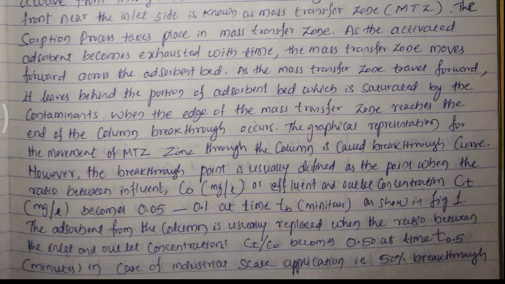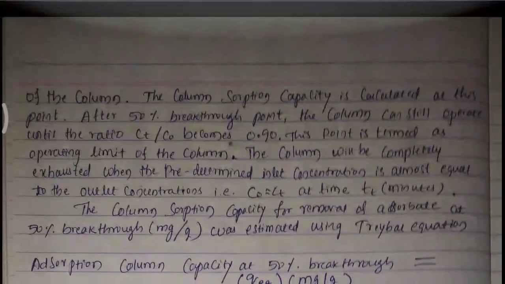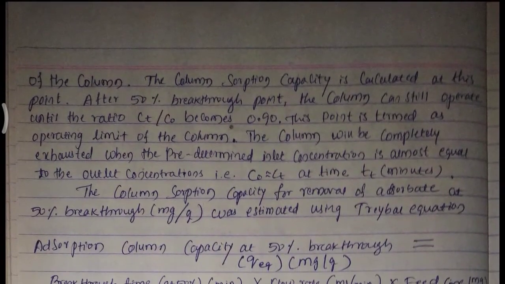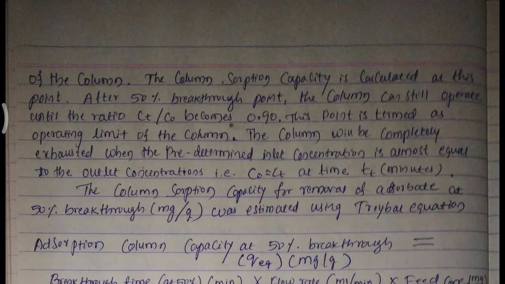The adsorbent from the column is usually replaced when the ratio Ct by C0 becomes 0.50 at time t0.5 in minutes. In case of industrial scale application, that is 50% breakthrough of the column. The column sorption capacity is calculated at this point.